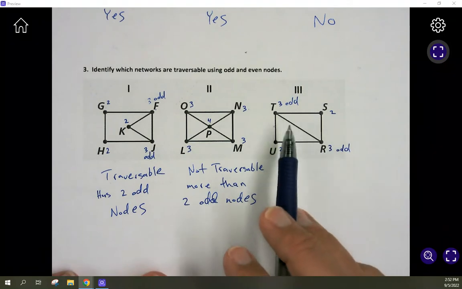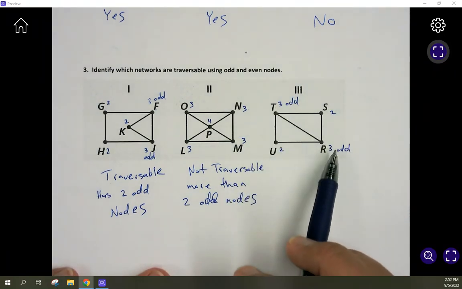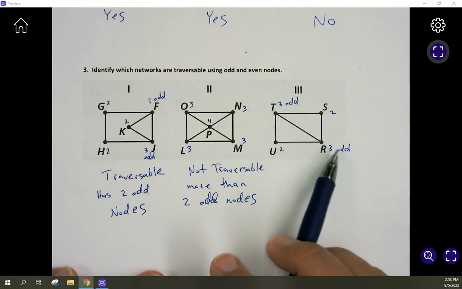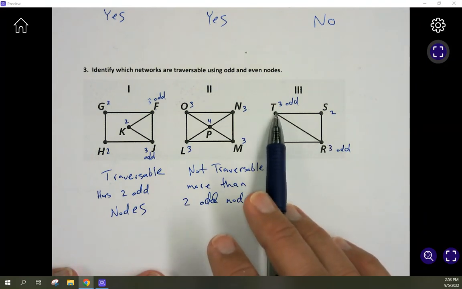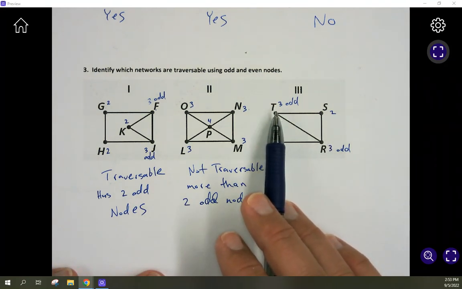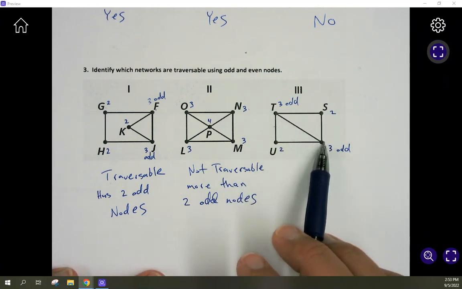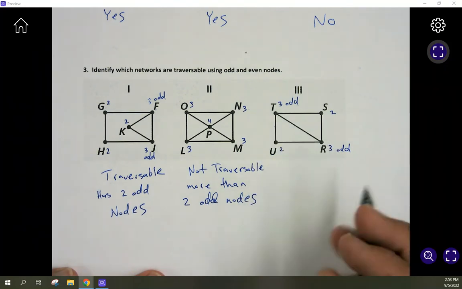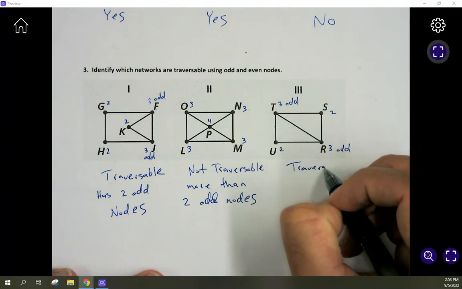And if you were going to label your way around by putting the letters in order, you know you have to start with the T or start with the R. The odd nodes are going to be your starting point and also your ending point. So if I started here, I could go T, S, R, T, U, R and make it around. Notice I ended at R and I started at T. I could do the same thing here, but I don't need trial and error. I know this is traversable.